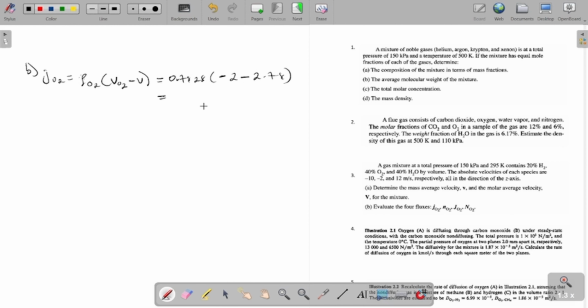So this one leads us to minus 3.74 kilogram per meter squared second, right? So that's it for this one.